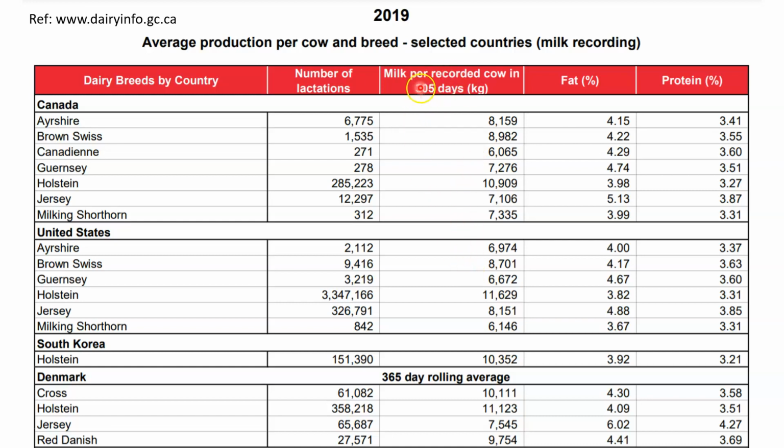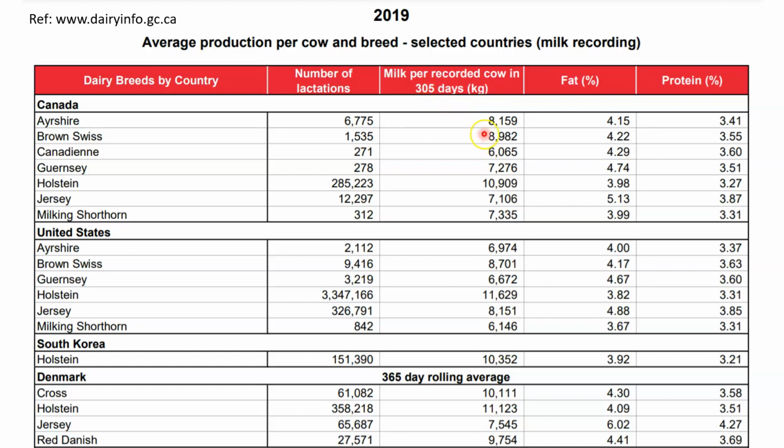Anyway, the 2 points I wanted to show you here: it says milk per recorded cow, so the non-recorded cows, I'm pretty sure the averages would be the same, but this calculation only takes into consideration the numbers from recorded cows. And then it also says 305 days.